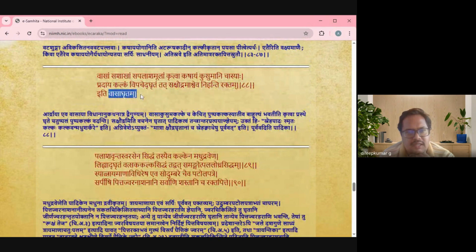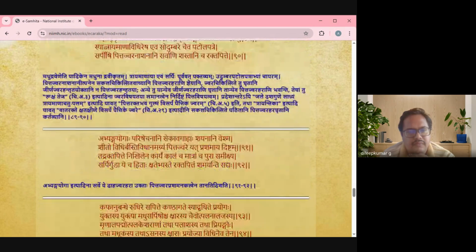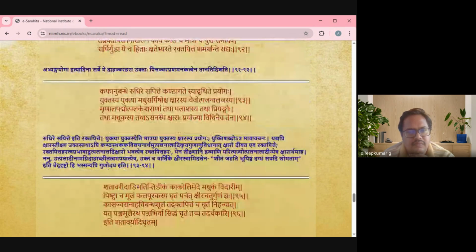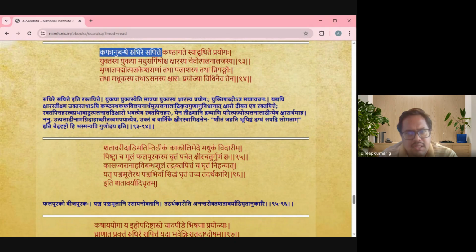Vasa Ghrita Adhikara, Raktapitta. Sometimes there will be bleeding and there will be clotting causing obstruction, especially in Kantagata, Kantagata, Kaphanubandha, Rudhira, Sajite, Grathite. Grathite means there is a clot and it will cause obstruction.